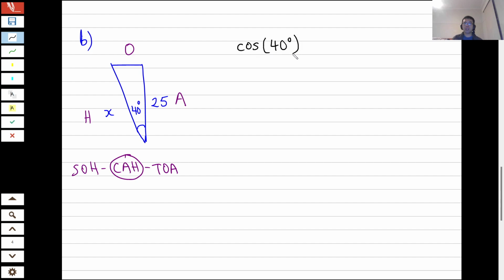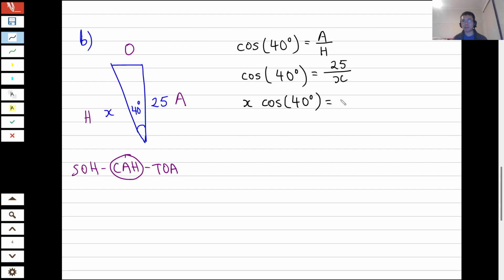Cos of 40 equals A divided by H, and I can replace those numbers with what was given in the question. So A is 25 and H is X. I can multiply both sides by X to get X cos 40 equals 25, and then I can divide both sides by cos 40 to get X equals 25 divided by cos 40.